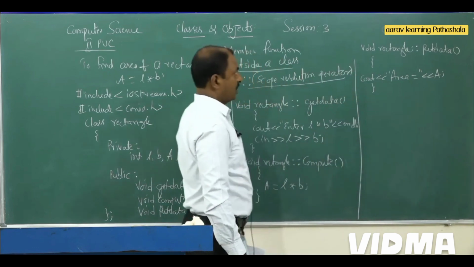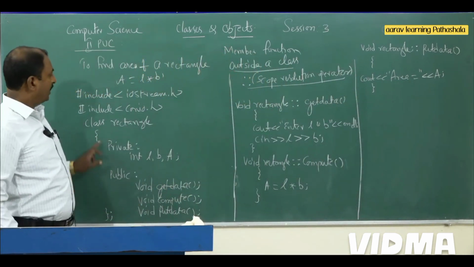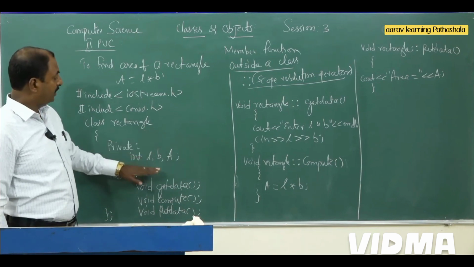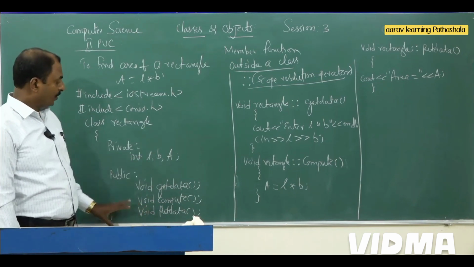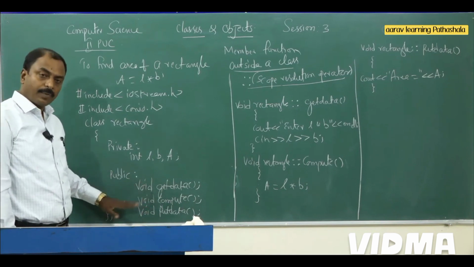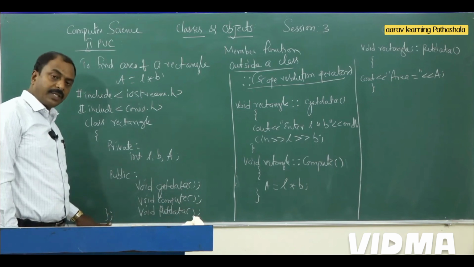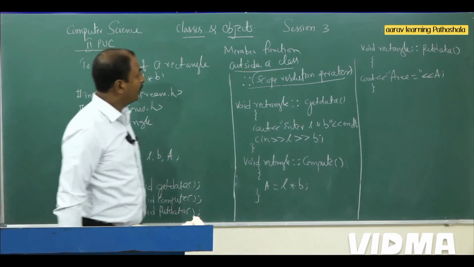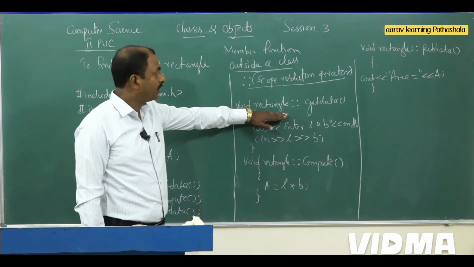So this is what I have written so far. We have defined the class here, a rectangle class. Inside this are variables and member functions, and in this example, the member functions are declared under the public access specifier. After the class has been defined, we have to write the function definitions outside the class.